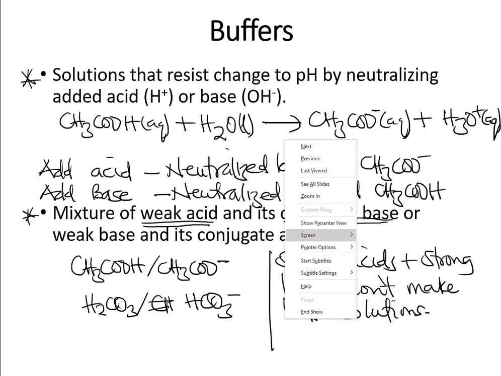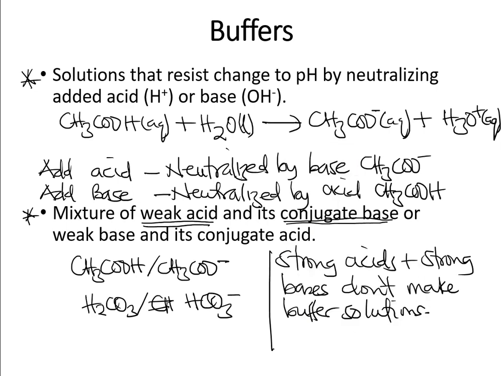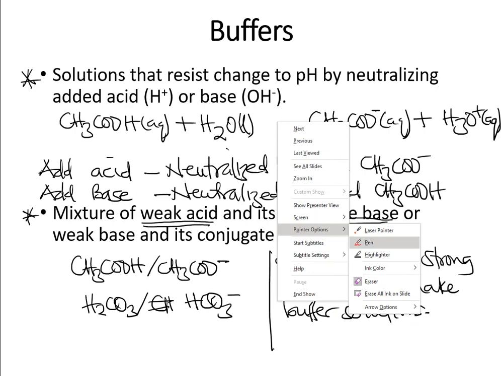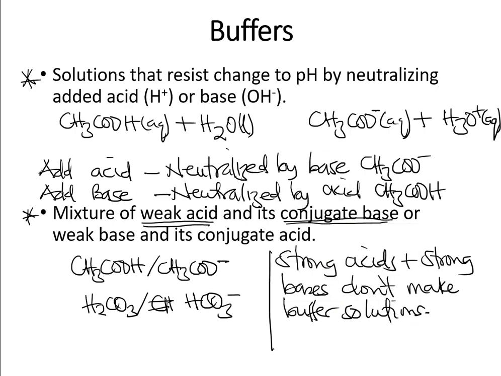Actually, I need to put double arrow here. All the buffers will have double arrows because they are weak acids or weak bases.